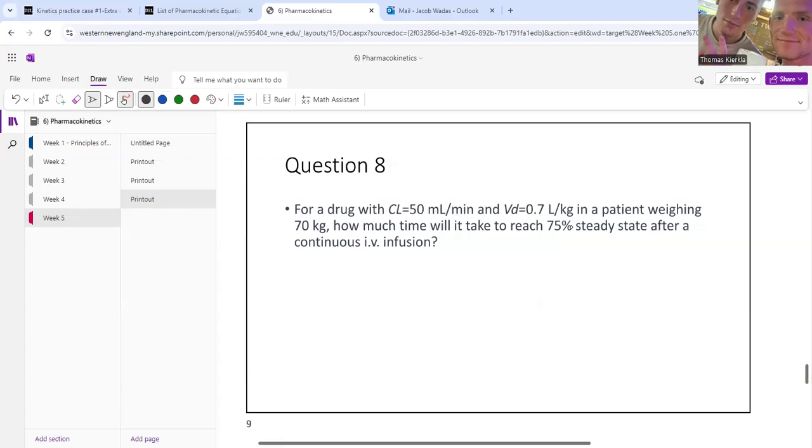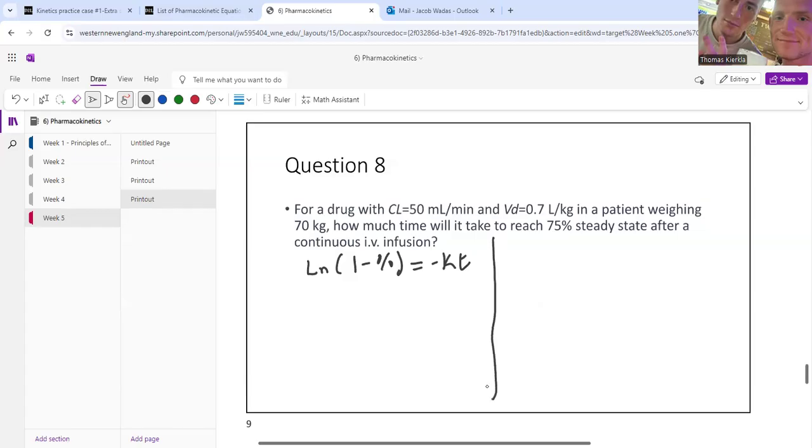The first thing we have to do is solve for K. The equation that we're going to end up using is ln(1 minus percent) equals negative K t. So we need to solve for K in order to use this equation.